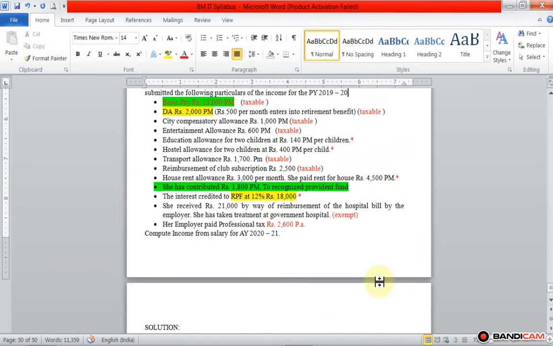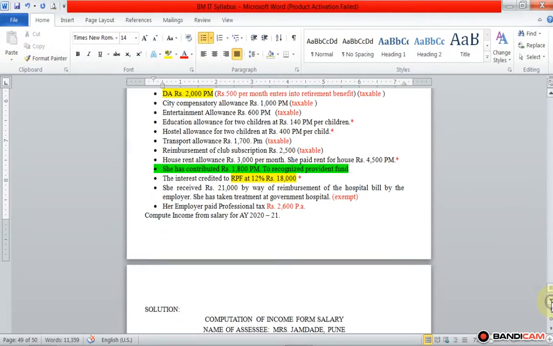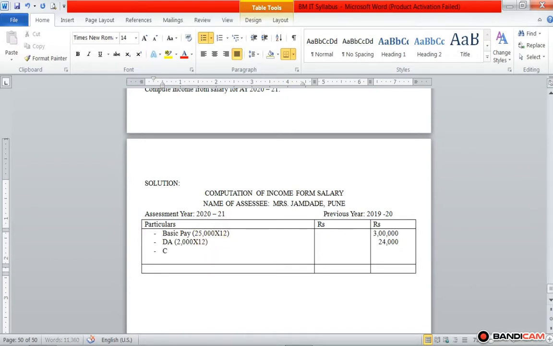Here it is very important, that rupees 500 is considered for retirement benefit. Then city compensatory allowance, rupees 1,000 per month. The whole amount of city compensatory allowance is taxable.